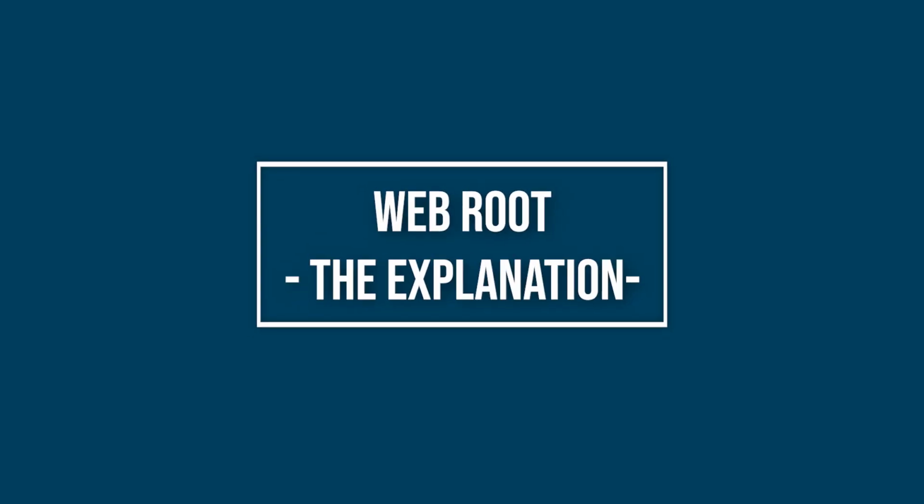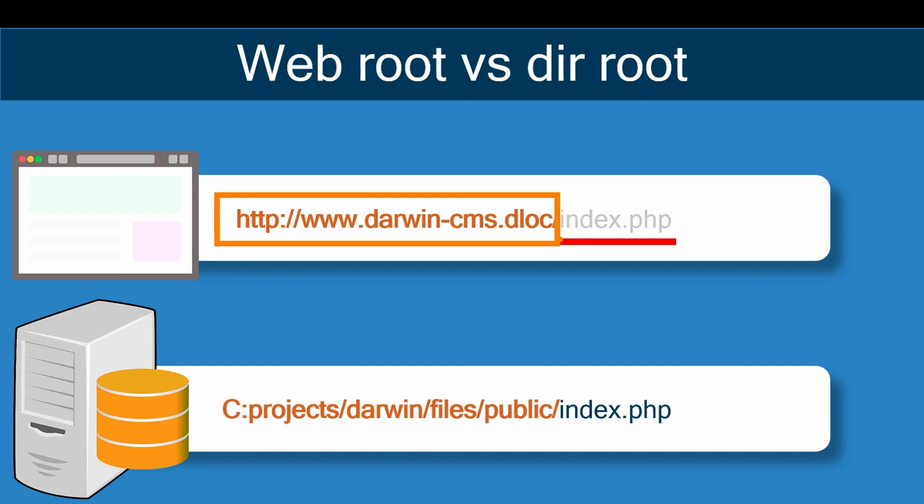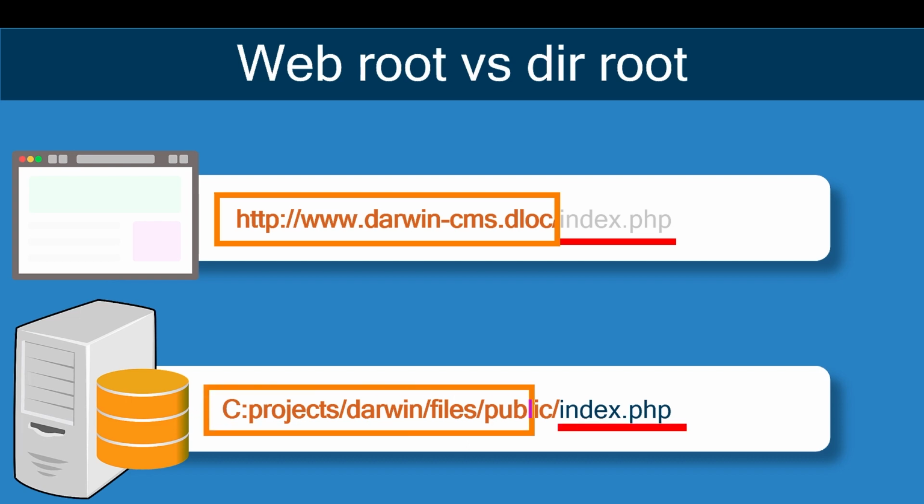Now, if you remember the very first lesson on Model View Controller in this series, our entire website goes through one and only index file, this file here. And that file, from this URL here, the Darwin CMS in my case, is actually pointing towards this index.php file that is on the local computer inside of, for example, C projects, Darwin files, public, wherever you put it on your website.